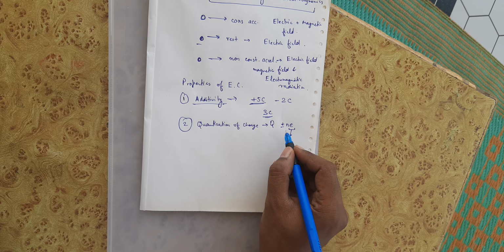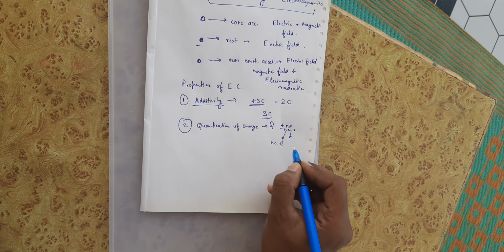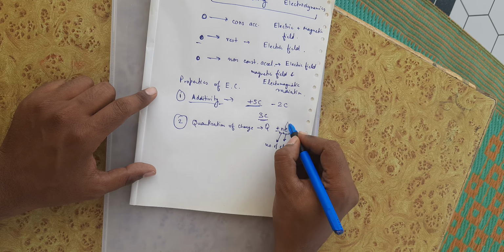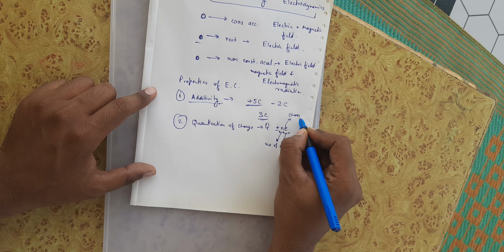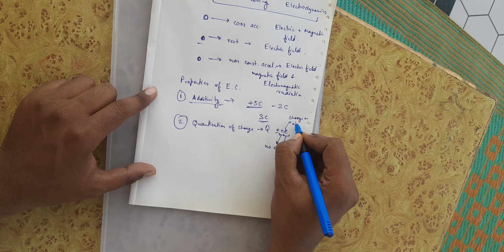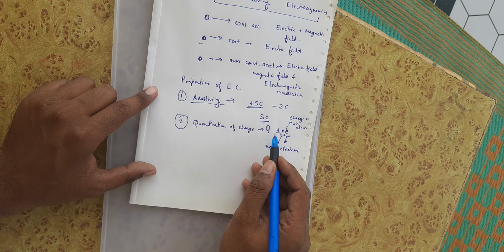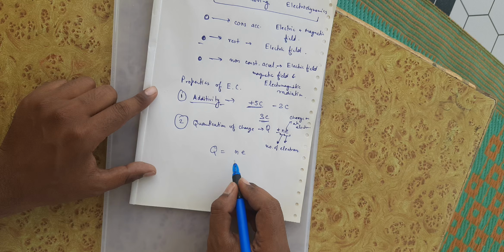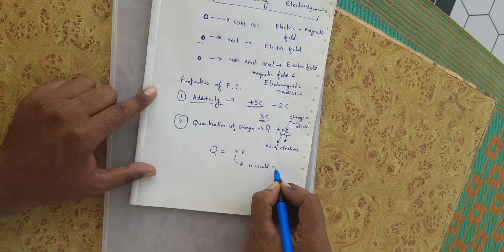and here n represents the number of electrons, and e represents the charge on an electron. Okay, here we can write Q is equal to ne, in that case n would be an integer.